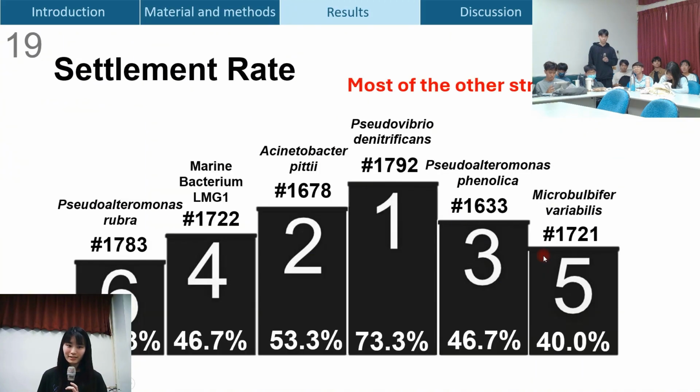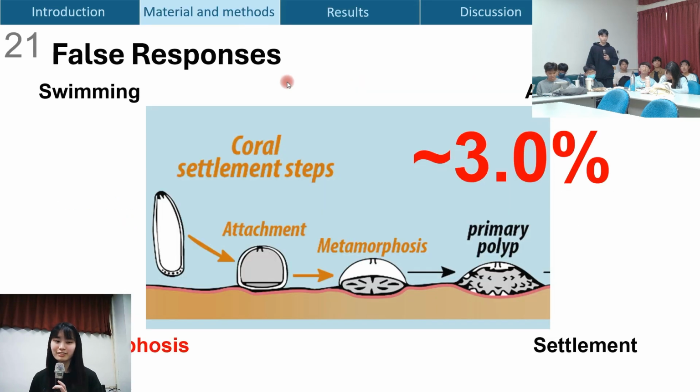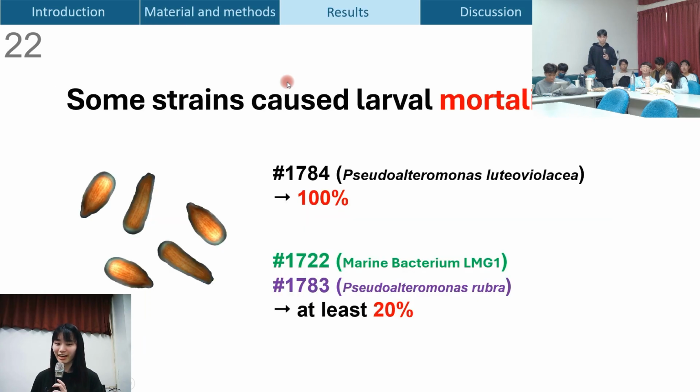At first, it did have a 46.7% settlement rate, but as time passed, after 72 hours, it started killing the coral larvae, and we haven't known the essential reason.